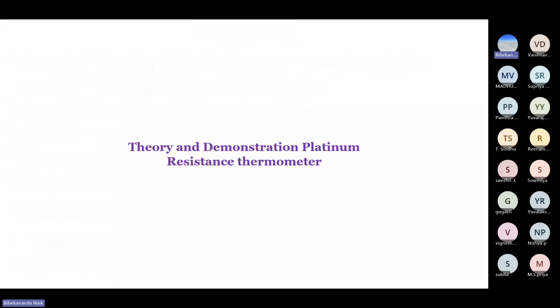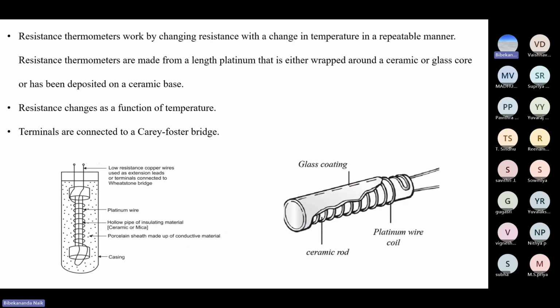And the next experiment is theory and demonstration of platinum resistance thermometer. So platinum resistance thermometer is basically a resistance thermometer that works by changing resistance with changing temperature in a repeatable manner, because like in linear expansion, there is also temperature dependence of the resistance.